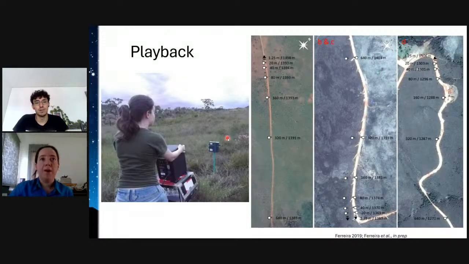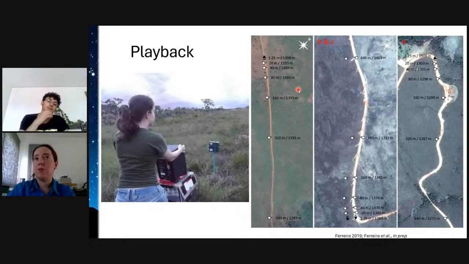So here I am in the field with the loudspeaker, and this is the first recorder. We positioned other recorders at different distances, 20, 40, 80, and so on meters, in 3 different places.